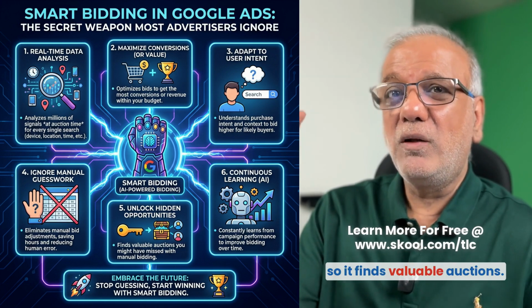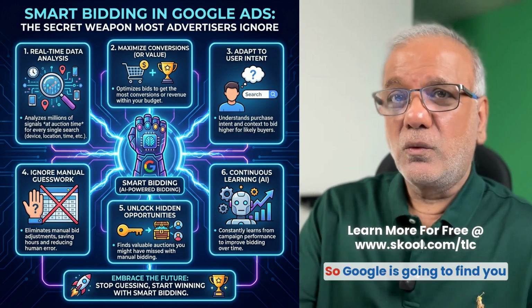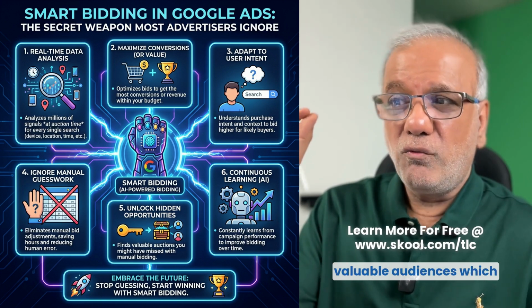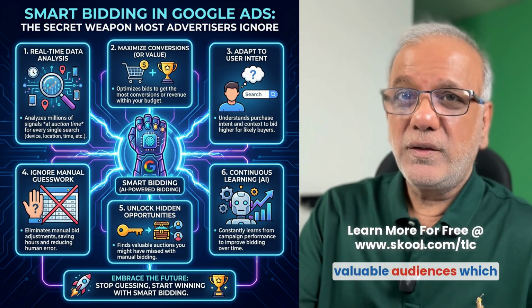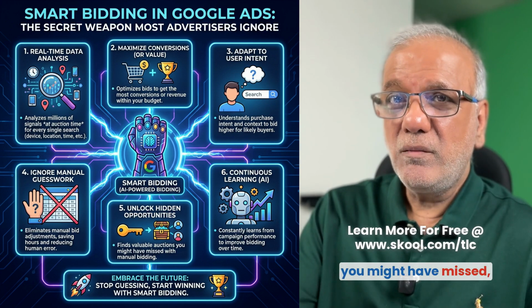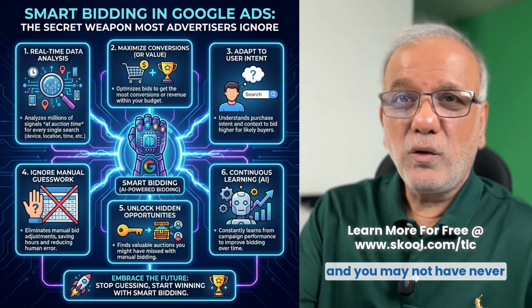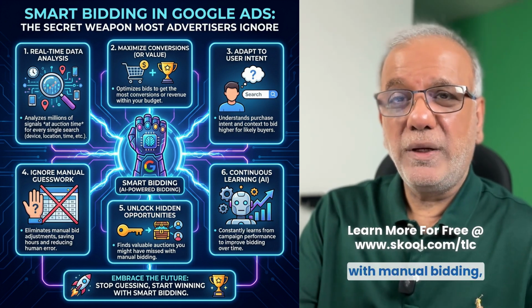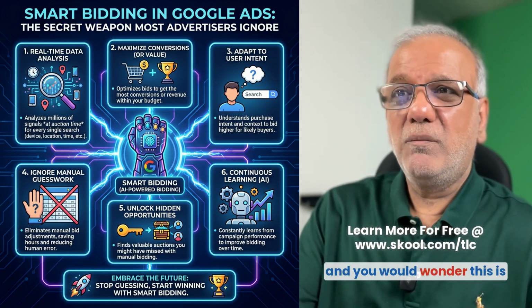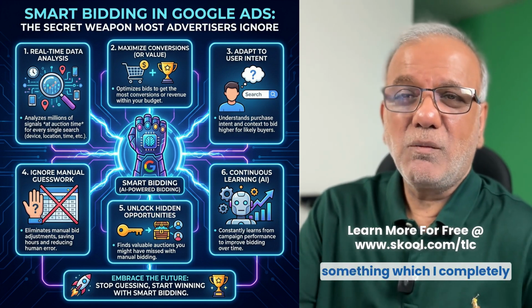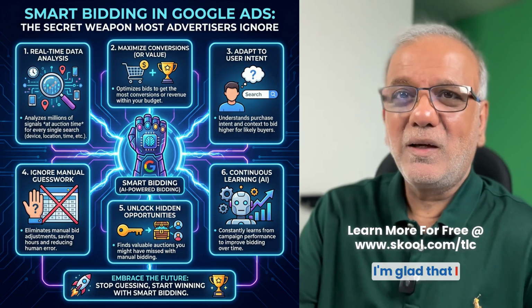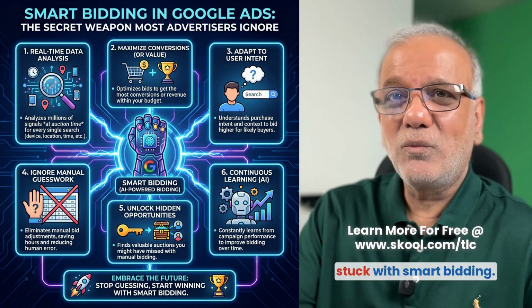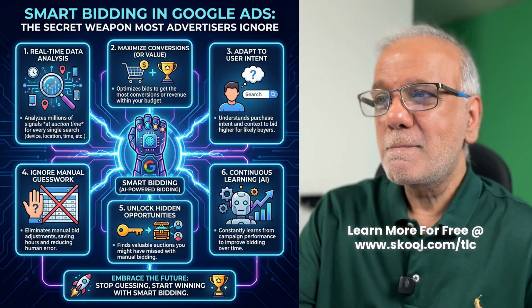So it finds valuable auctions. Google is going to find you valuable audiences which you might have missed and may never have considered targeting with manual bidding. And you would wonder, this is something which I completely missed out. I'm glad that I stuck with smart bidding.